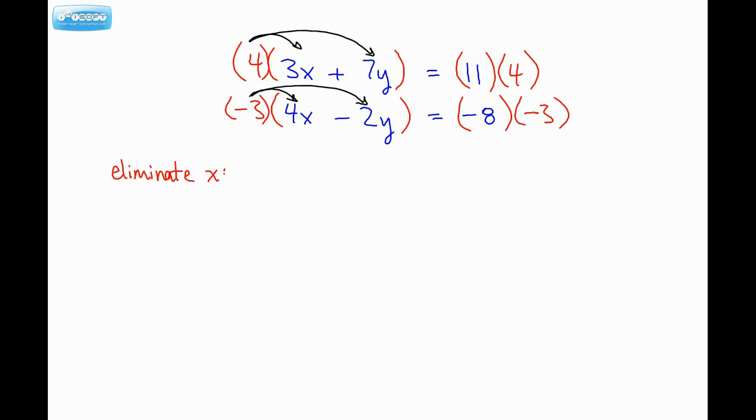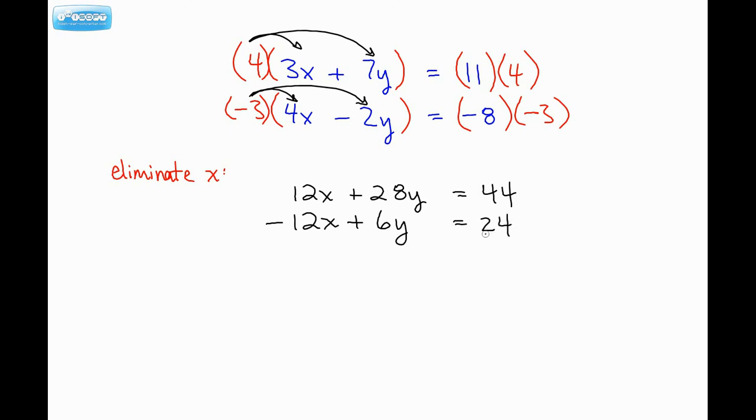So let's do that. So we're going to get 12x plus 28y equals 44. And this is negative 12x plus 6y, watch your signs, equals positive 24.